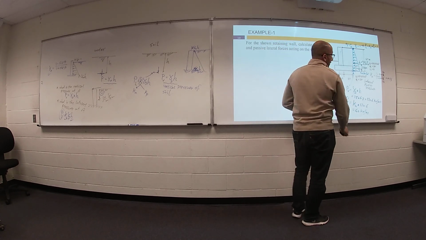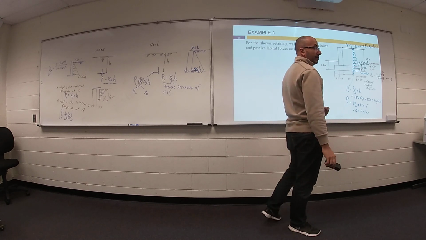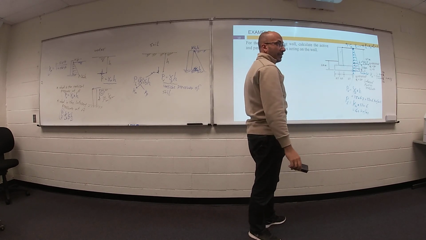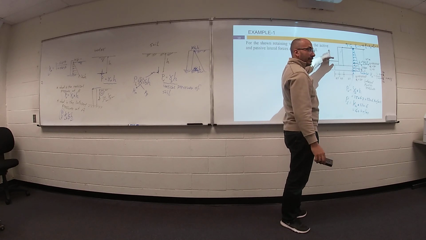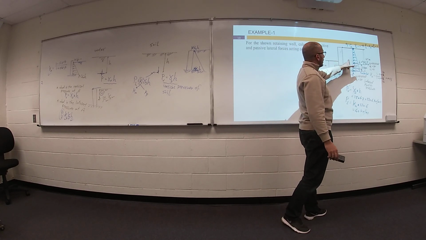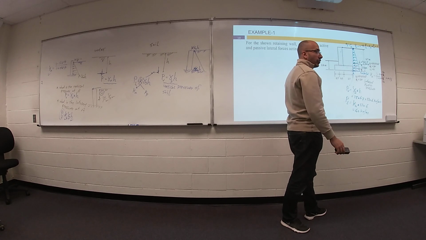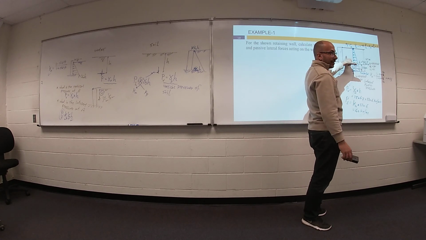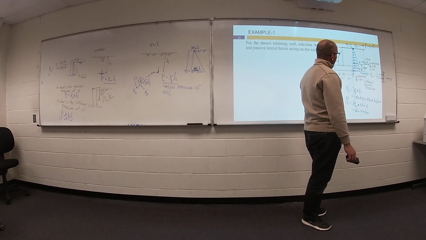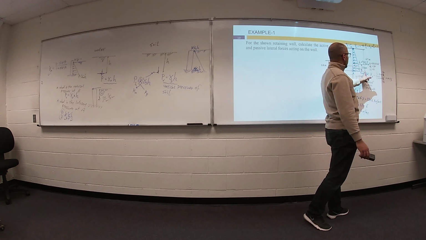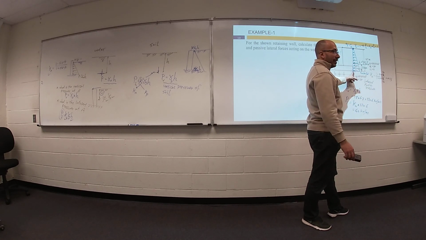So we analyze all the soil, even though it's not on the legs of the retaining wall itself, right? Yes. You mean we don't have soil here? I mean, we got 6.7 instead of 6, like the height, 6.7 from the bottom of the footing.